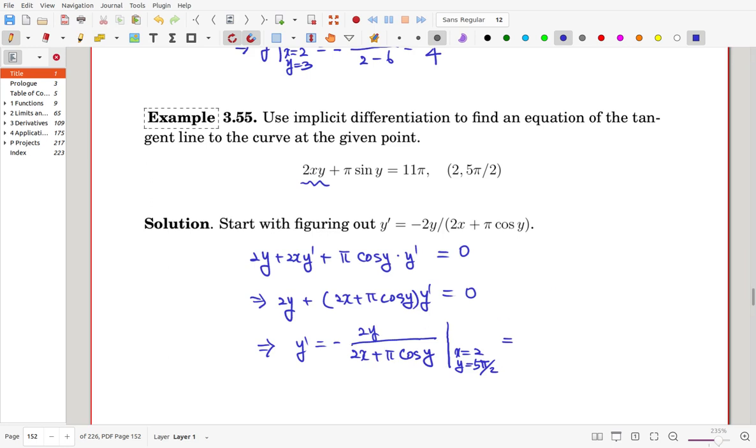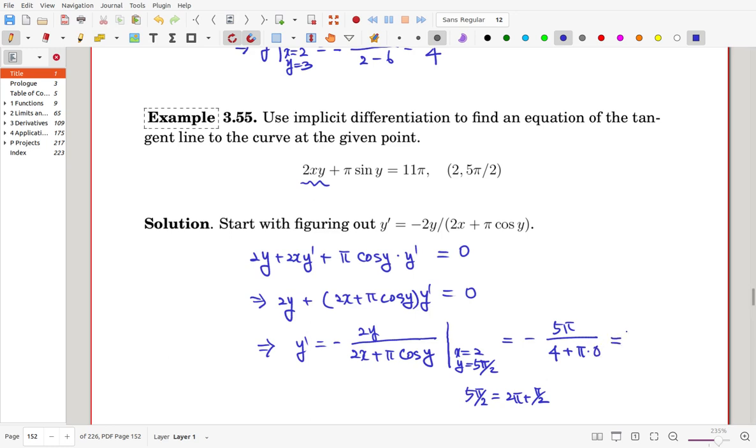Then the minus is the same, and 2 times y means a 5 pi, divided by x equal to 2, so it is 4 plus pi times cosine 5 pi over 2. Now 5 pi over 2 is the same as 2 pi plus pi over 2, so the value will be the same as cosine pi over 2, which is 0.